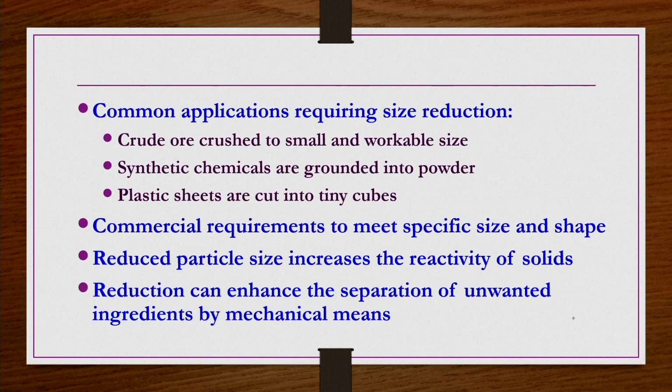Then, size reduction can enhance the separation of unwanted ingredients by mechanical means. Sometimes the separation is done based on size. So when you do size reduction, it can be convenient to separate unwanted ingredients from the main reactants or main products, or to separate byproducts from the main products.